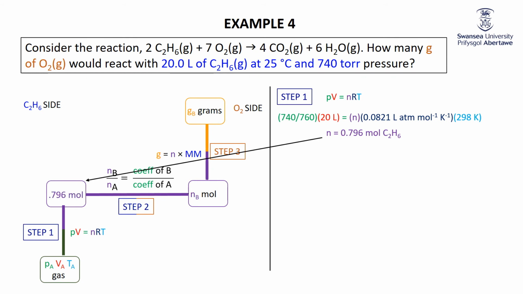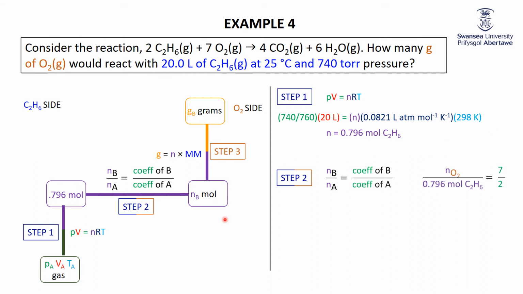Now we're just back to what we've done routinely now. Hopefully lots of examples before starting this series of videos, and this is the 4th time we've done it in our examples here, going from moles of one thing, C2H6, to moles of a second thing, O2, in that step 2, using the same relationship that the ratio of the moles is the ratio of the coefficients.